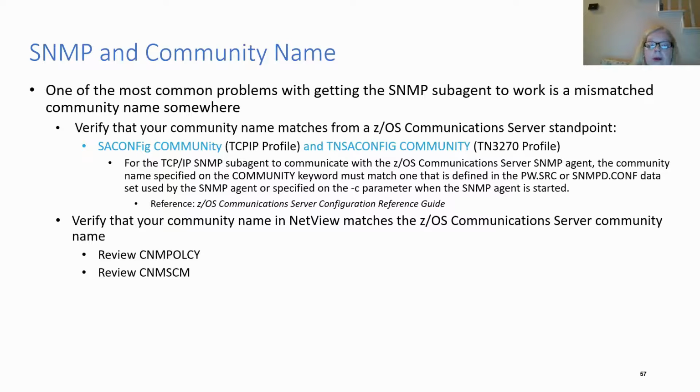In Netview, in the CNN policy member, you specify the community name. If you're not using CNN policy, but you're using SNMP, because Netview has a lot of SNMP commands, you can do walks of MIBs and things like that. You can review CNN SCM. That's just a member where you can go in and put your community name.